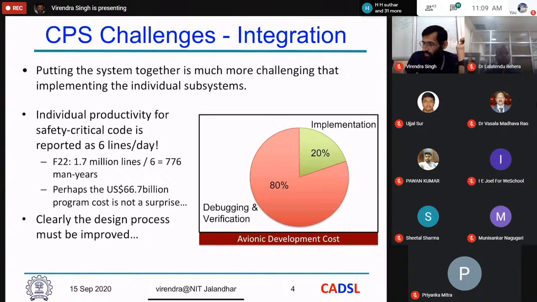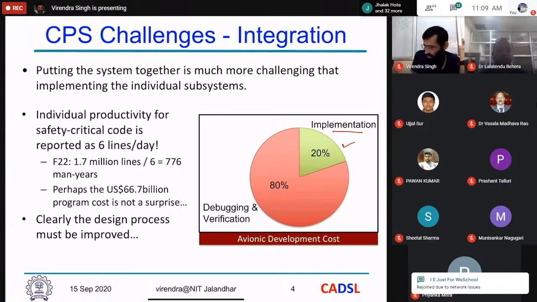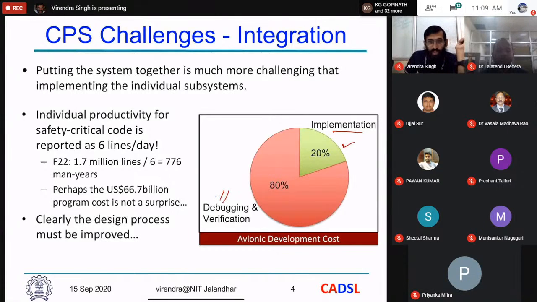The implementation part is roughly 20%. This data comes from the avionics sector. Almost 80% of the effort goes to debugging and verification, and only 20% goes to design and implementation, and it has a really big cost implication. And therefore, I have two ways.